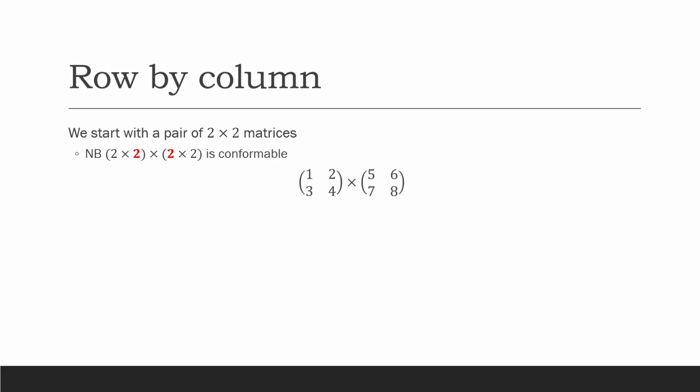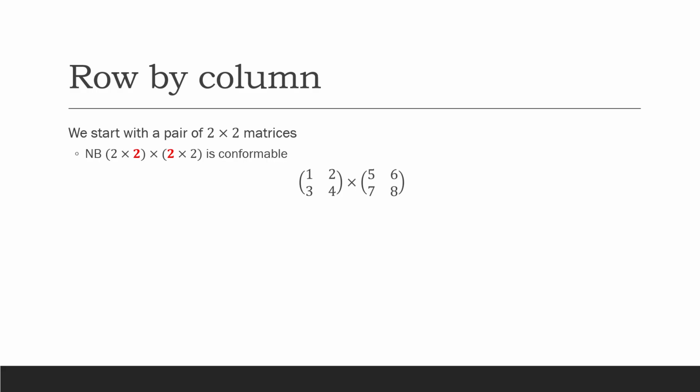We're going to look at the first row, 1, 2, and multiply it by the first column, 5, 7. Now by multiply, I mean 1 multiplied by 5 plus 2 multiplied by 7. I'm going to write this down for you in a moment, but then we do the same with the first row and the second column, 1 by 6 plus 2 by 8.